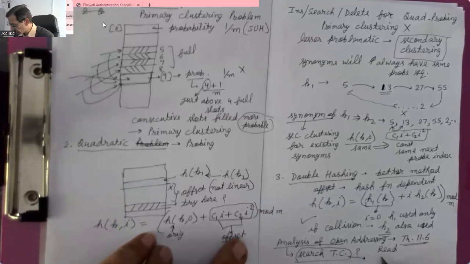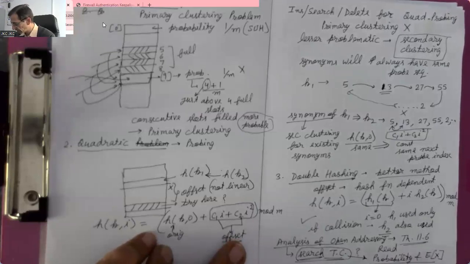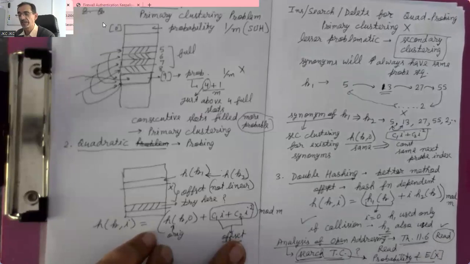Of course insertion and deletion are also important, but search is the most frequent operation. So we would like to see, in successful or unsuccessful cases, how much time complexity open addressing will have on average. This calculates some probability and expected values, E of X, and all those calculations are given in the book. You should read that and practice it. It's easy, but you should do it.